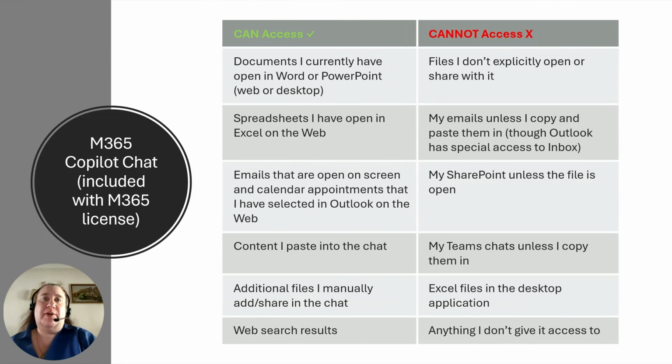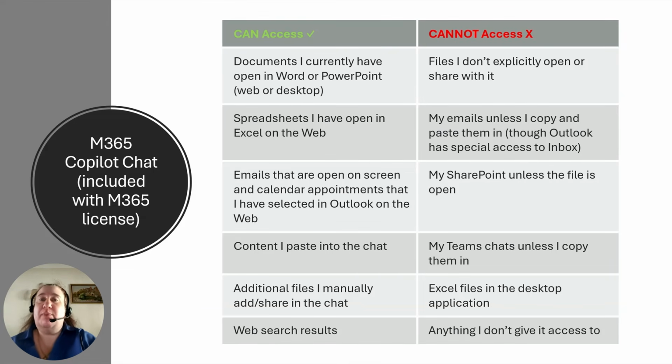Now, Copilot Chat, the version that's included free with your Microsoft 365 business subscription and the one that I'm using. I'm working in Office on the web: Word online, Excel online, PowerPoint online, and Outlook online. Copilot Chat included with your M365 license does have access to some of your files. Specifically, documents that are open in Word or PowerPoint, through both versions, web or desktop.